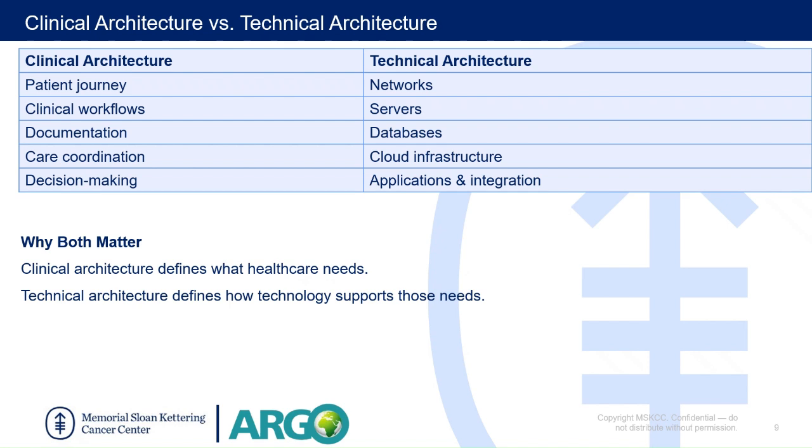And clinical architecture essentially defines what healthcare needs the patients have. On the other hand, the technical architecture talks about the hardware, the software, networks, servers, databases, applications, and their integration, right? And it defines how technology supports those clinical needs.